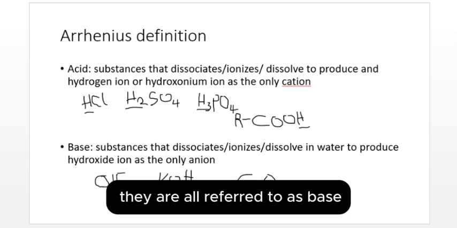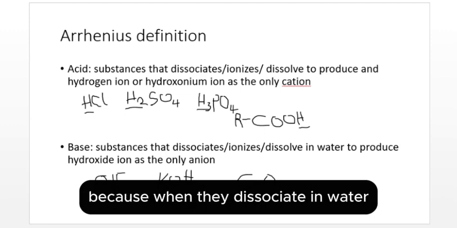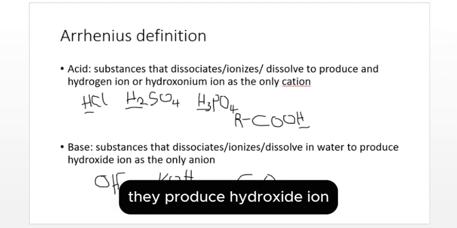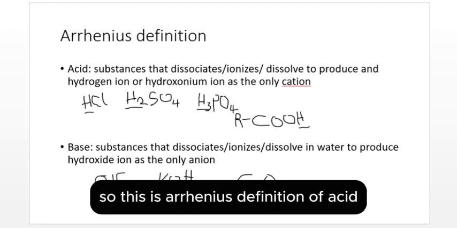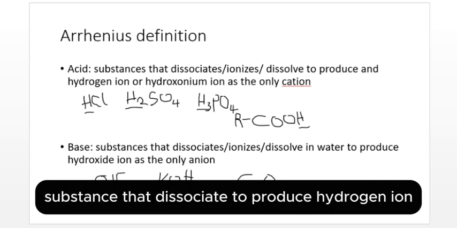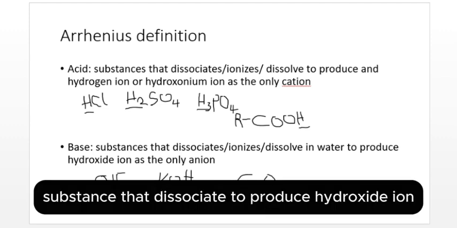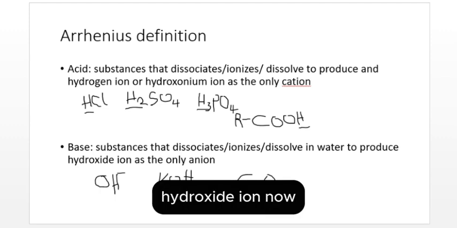They are all referred to as bases because when they dissociate in water, they produce hydroxide ion. So this is Arrhenius' definition: an acid is a substance that dissociates to produce hydrogen ion, and a base is a substance that dissociates to produce hydroxide ion.